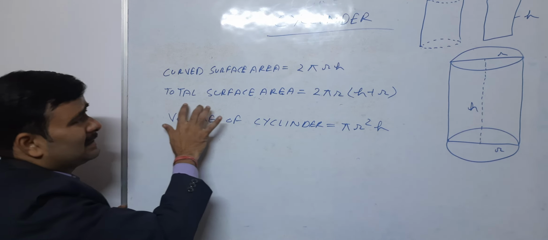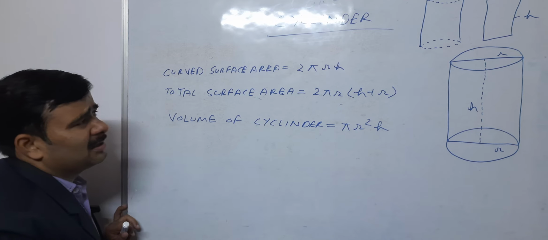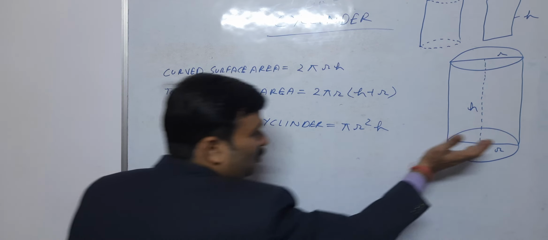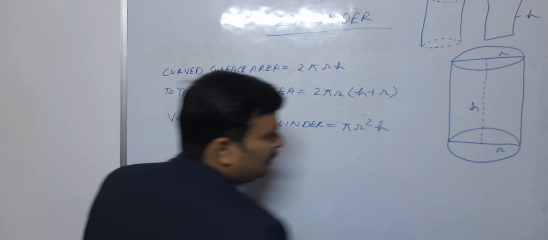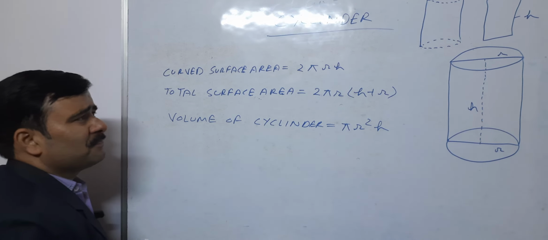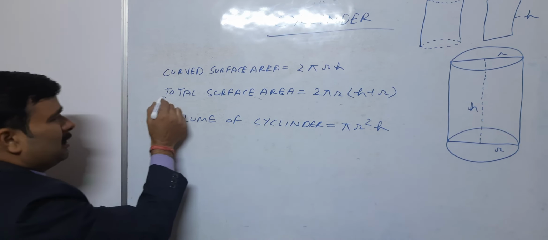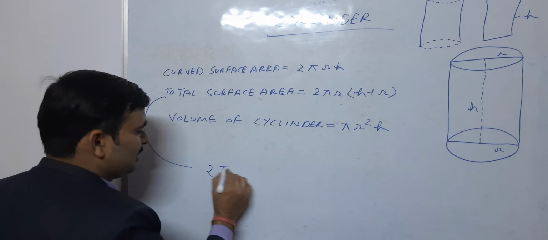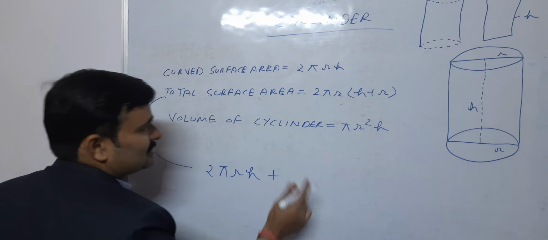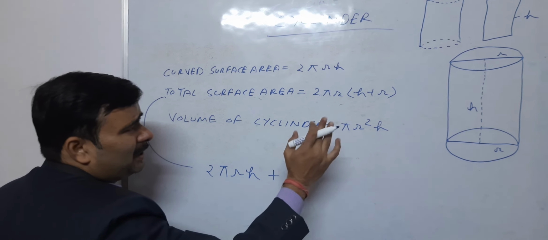Now whenever we discuss total surface area of cylinder, both parts will be included, meaning this curved part and the upper circle and the lower circle parts. So in the total surface area, we have the curved surface area 2 pi rh, plus the lower part and the upper part.